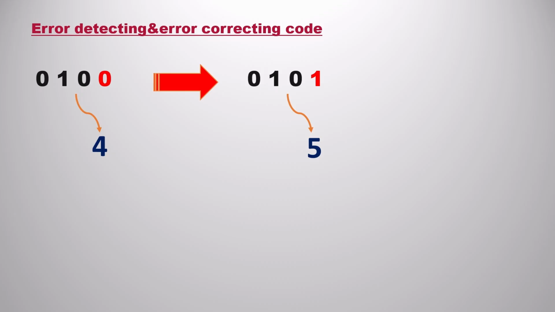So if you have 4 and you want to transfer it over a long distance, in the transmission the least significant digit is changed to 1. So the overall output is changed. 4 is converted to 5. We don't need 5, we need 4. So this is a big error in the system. For that, we have to identify the error and correct it. For that we have some codes like Hamming codes and parity codes. We are going to discuss that in the upcoming video.